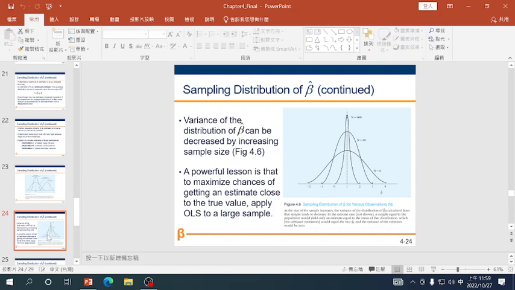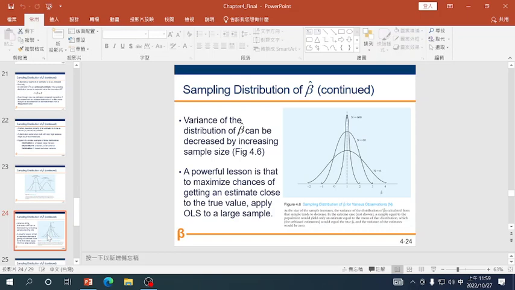And if you have a sample size of 600, it's getting even smaller. Although you have different beta hats, the difference among them is even smaller.